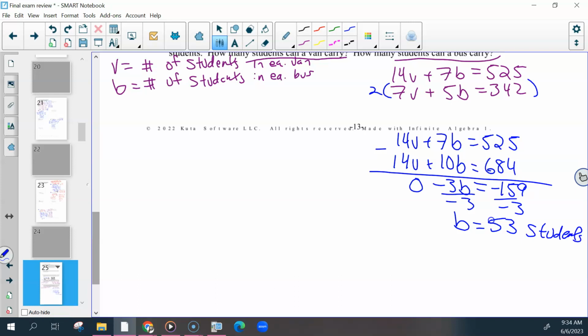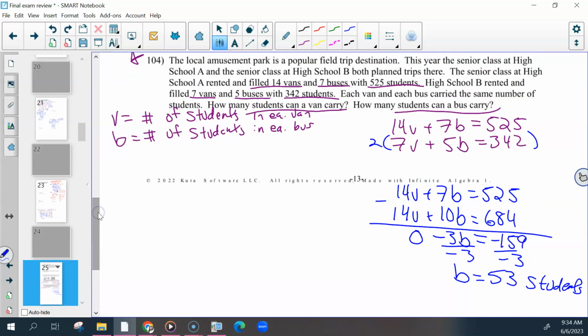Or you could specify the whole thing, students in each bus. And then we could go back and find V. Put 53 into any of the equations you have. 7V plus 5 times 53 equals 342.